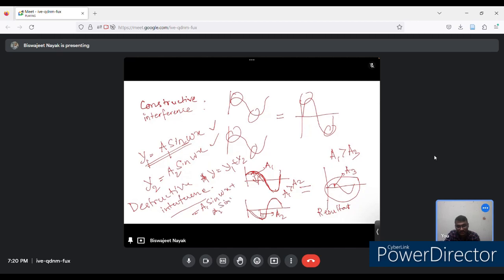The sine functions behave like sine c plus sine d, which is 2 sine of (c plus d) by 2 into cos of (c minus d) by 2, like that, normal trigonometry. So this way it will be added, not directly. You got my point, right? Yes, yes.